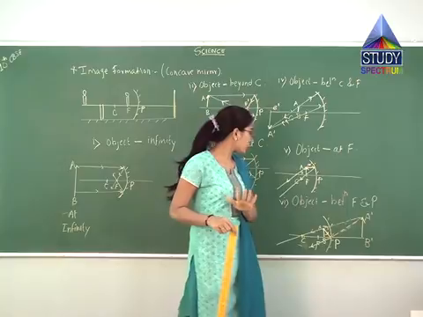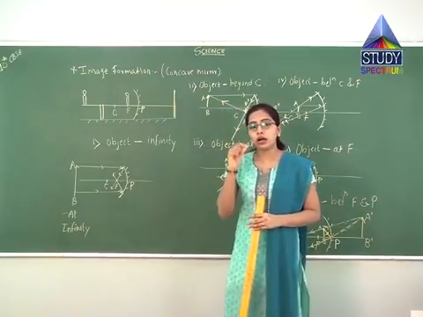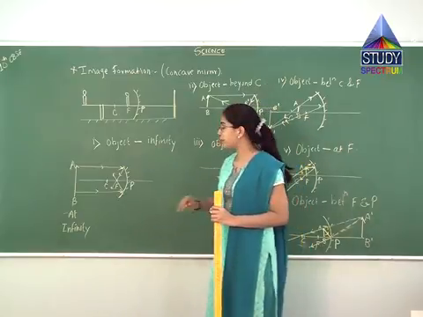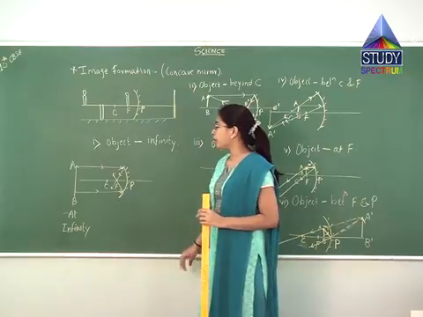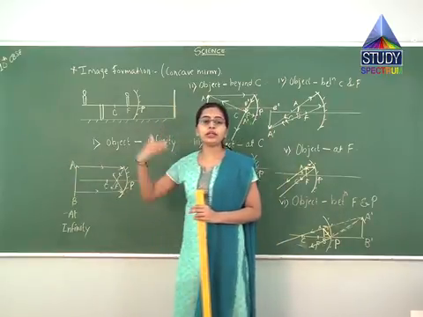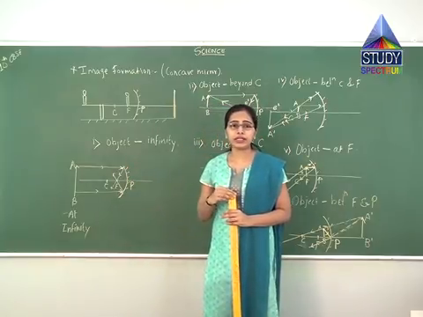Now here in total we have studied 6 cases, means putting the object at different places. Now I will just revise the thing. In the first case you can see our image was beyond the center of curvature, means it was at infinity.